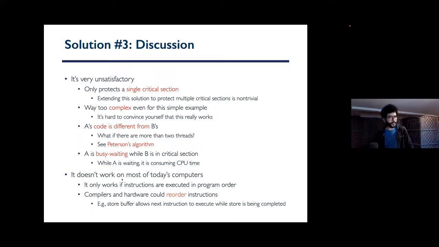The last shortcoming is that thread A kind of busy waits. So that while loop that you saw in thread A's code says as long as there is note B, just do nothing. But that do nothing is a while true, so it's consuming CPU cycles.